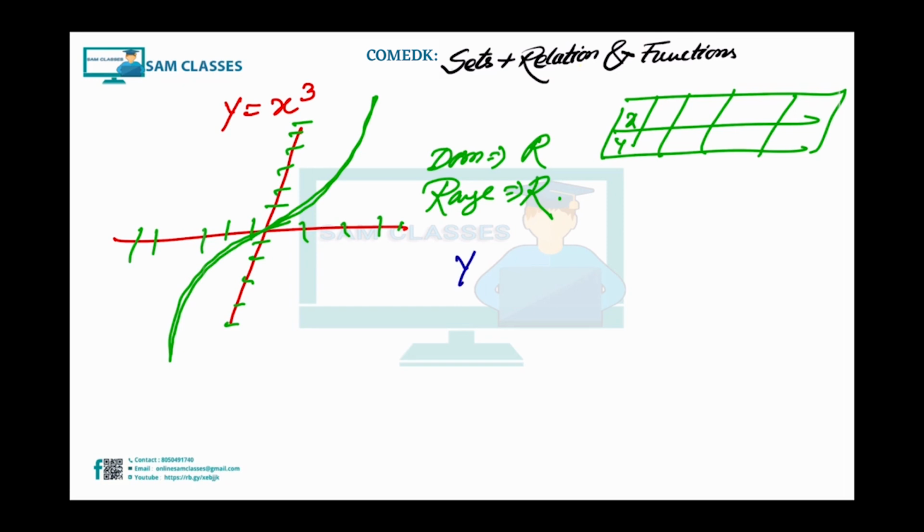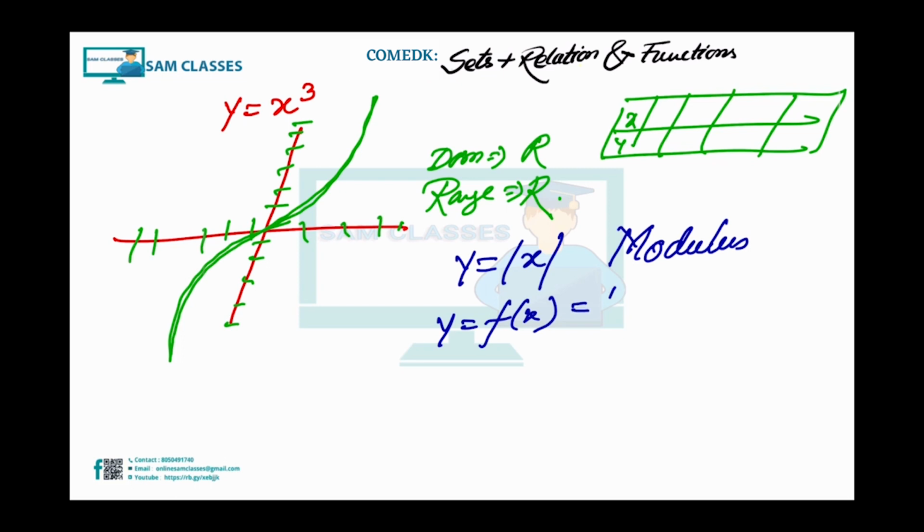Now, let's see the next graph, y is equal to mod x. Now, this modulus function is very important for KCET students. So, modulus function, what does it mean? y is equal to f(x) is equal to mod x. So, what do you basically understand by this? This function behaves like x when x is greater than or equal to 0. If it is a positive quantity, what does the mod do?